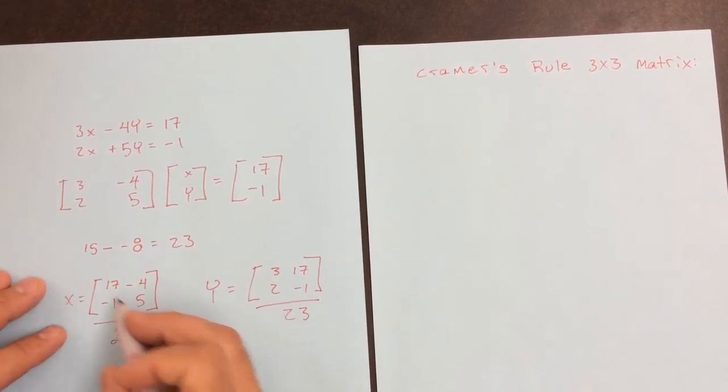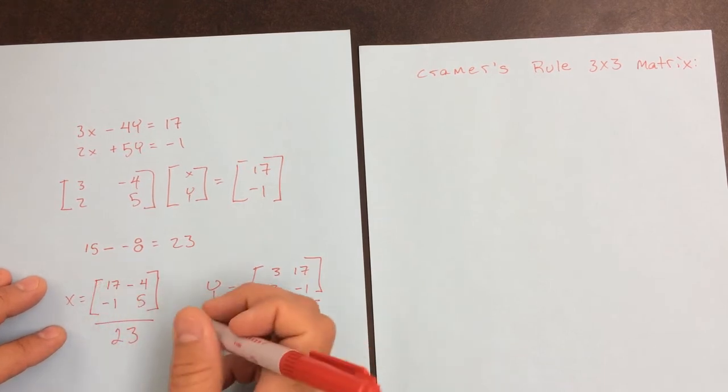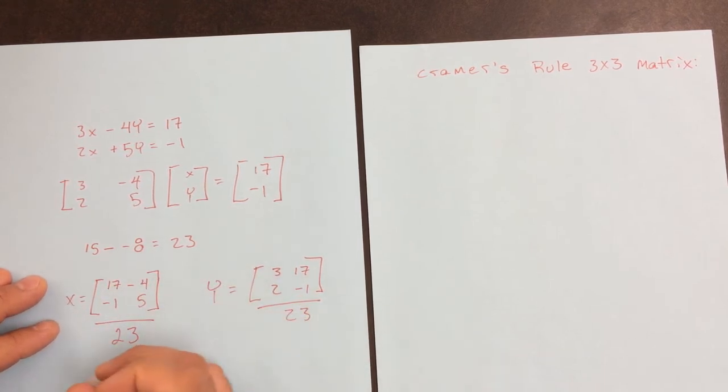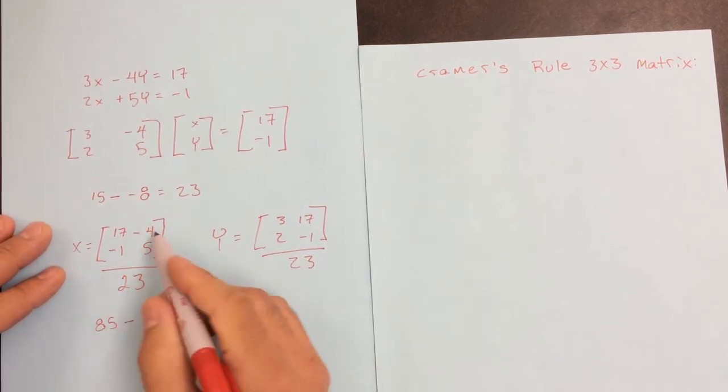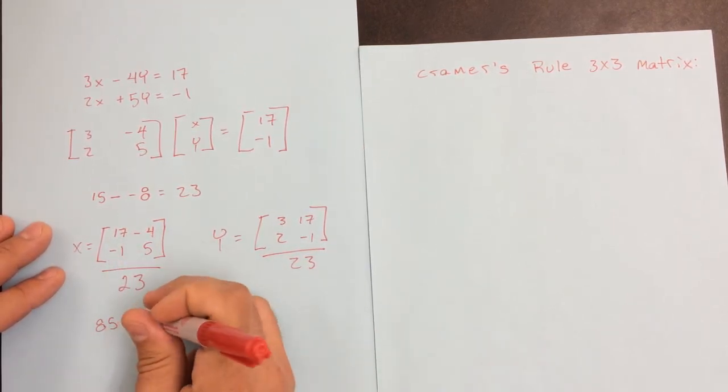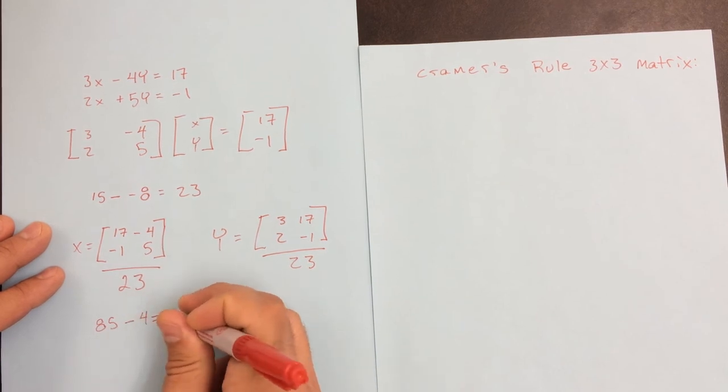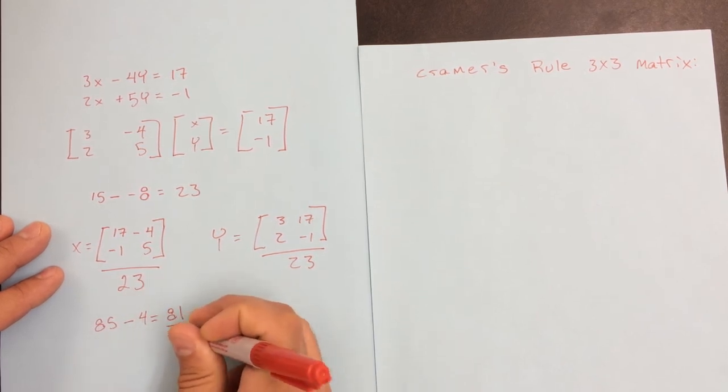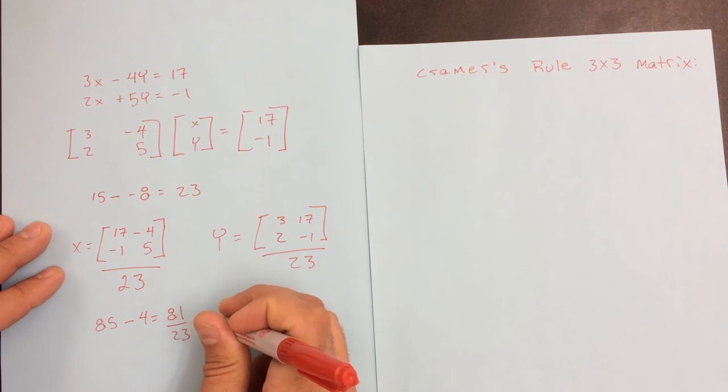So now I have to find the determinant of this, which is going to be 5 times 17, or 85, minus negative 4 times negative 1, which is 4, which is 81, over 23, and that's what x equals.